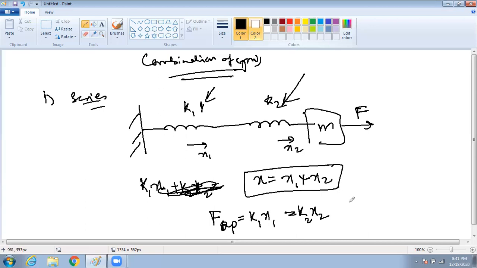And also the combination of this one, that is Kc into X. Combination of the springs, we don't know. We have to find out what this Kc is. Yes or no? Yes, sir. So now, you know that X equals X1 plus X2.